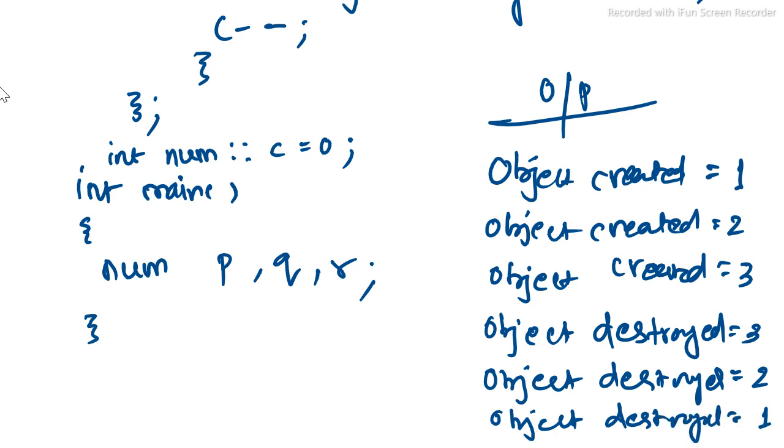So at the end it will display like this. This is about our destructor, which is basically used to clean up the objects. Whatever objects we have created, it will destroy them all when the program goes out of scope, and the objects will be destroyed in reverse order. Thank you.